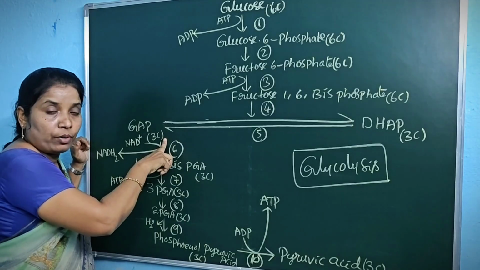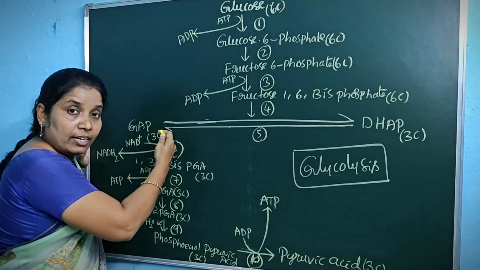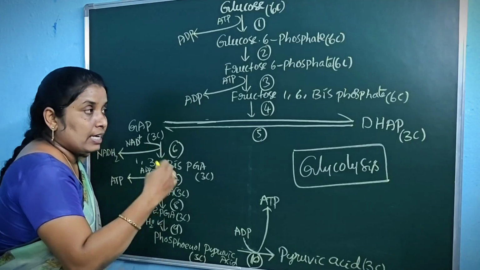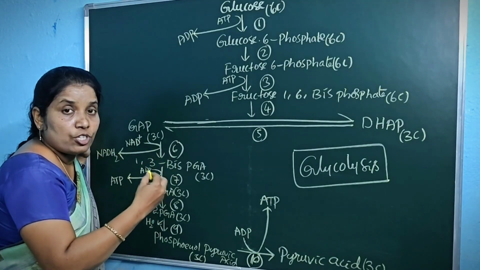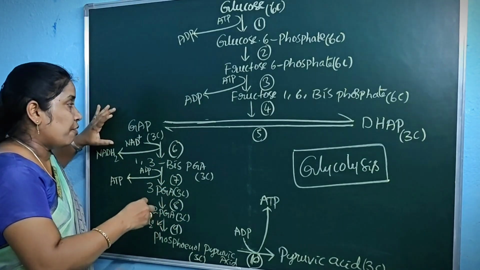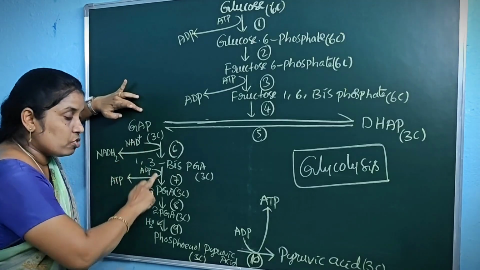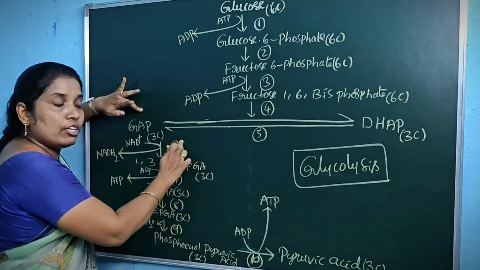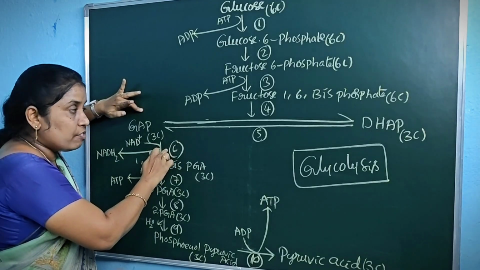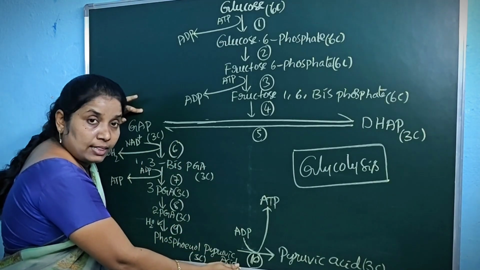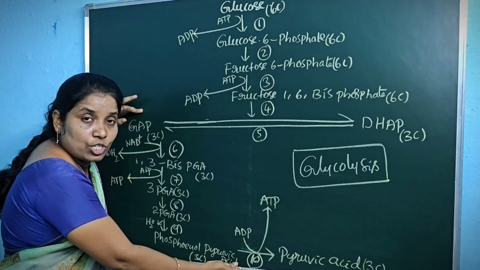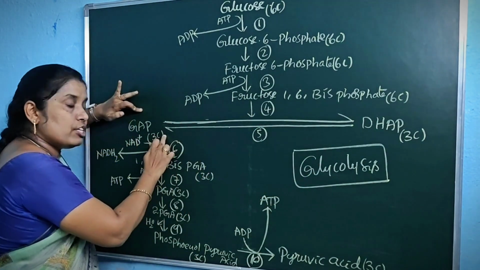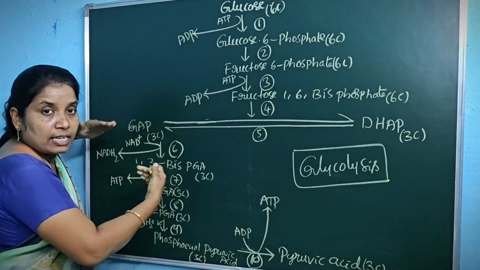From the 6th to the 10th step, the reactions occur 2 times. Why? Because first one GAP undergoes the reactions, then DHAP also converts into GAP. That's why from here to the 10th step, the reactions occur 2 times.